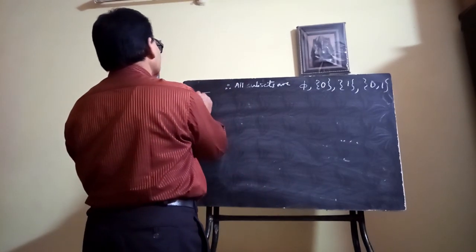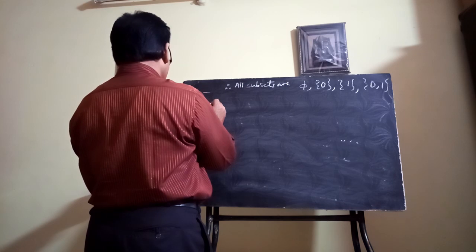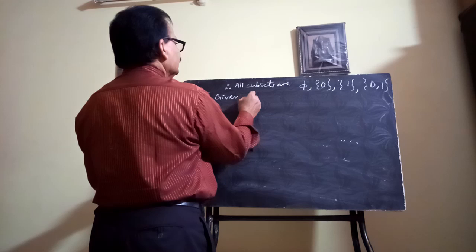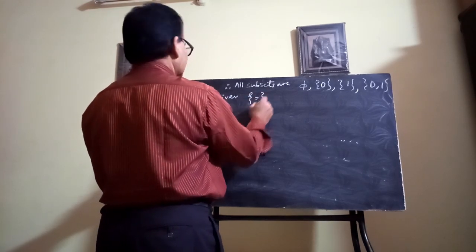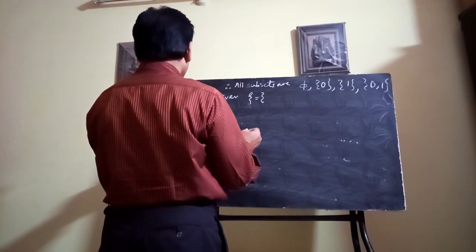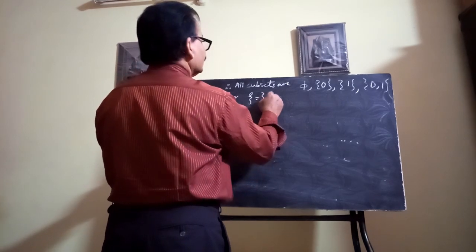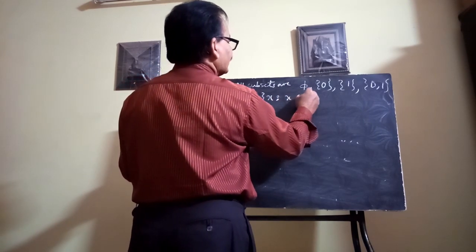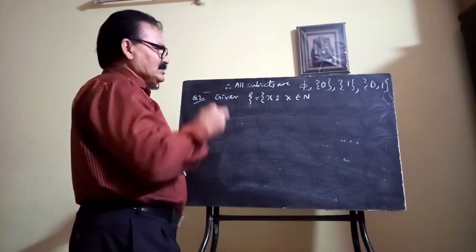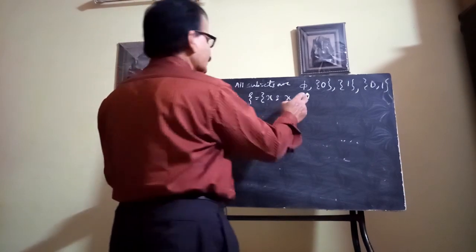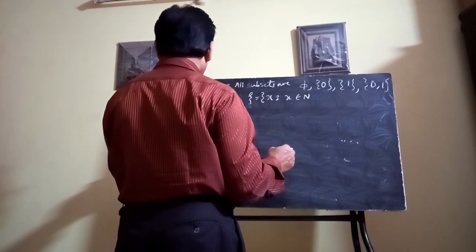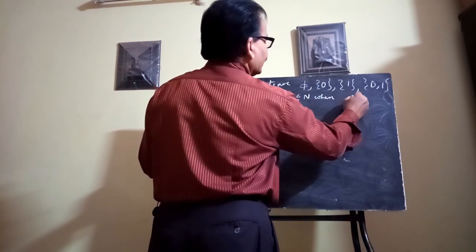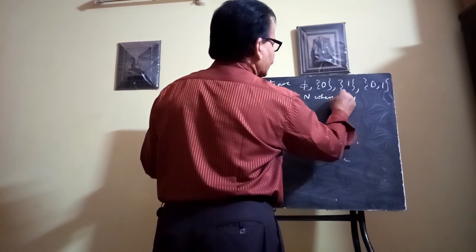Now I will explain question number 2. This is also one of the important questions. Here the given universal set is a set of elements x, where x belongs to natural number, such that x is greater than or equal to 10 and less than or equal to 35.